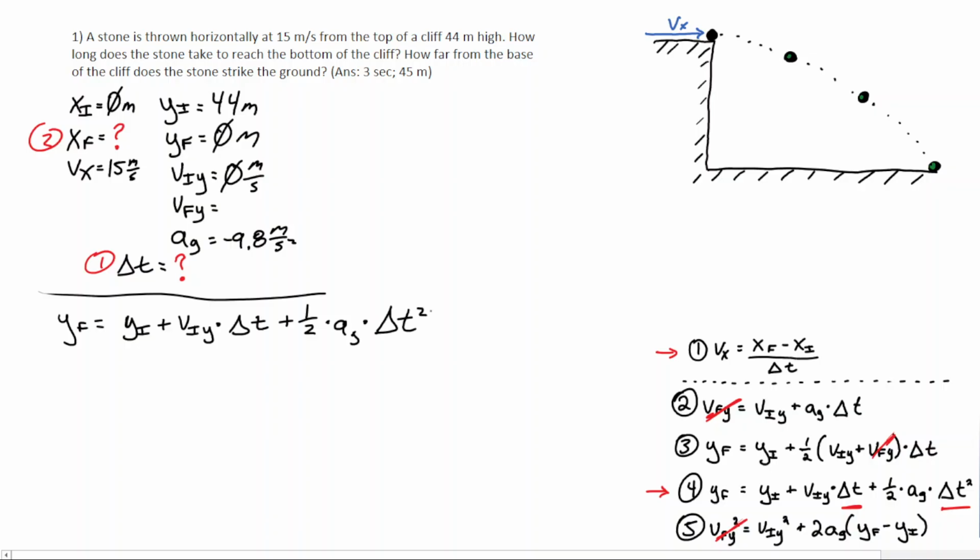Okay, so now all we need to do is plug in from here. Okay, so we have our 0. And 0 times any number is equal to 0, so we know that this quantity is going to be nothing.